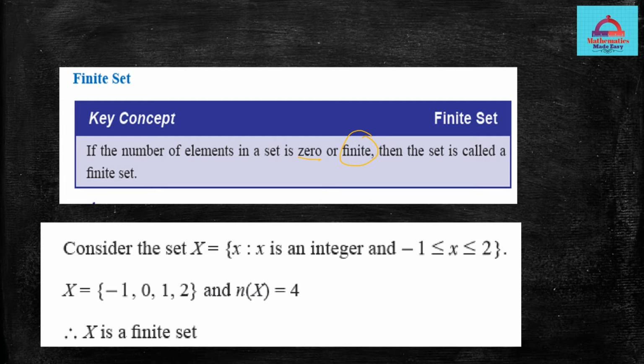For example, a set X such that x is an integer lying between -1 and 2. In that case you know that the set is going to have only these 4 elements. The number of elements you can count: 1, 2, 3, 4. That is the cardinality of this set X. It has 4 elements and therefore it is a finite set.